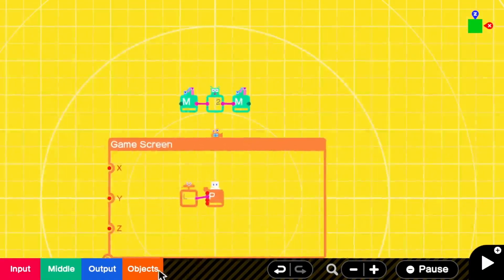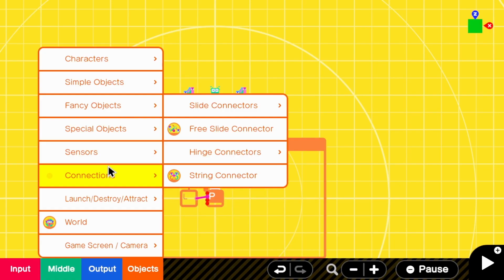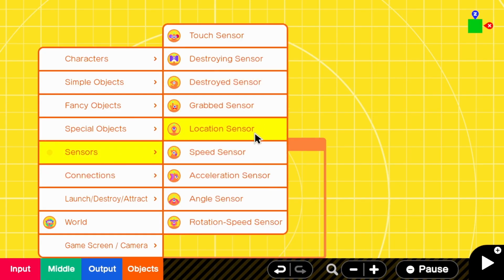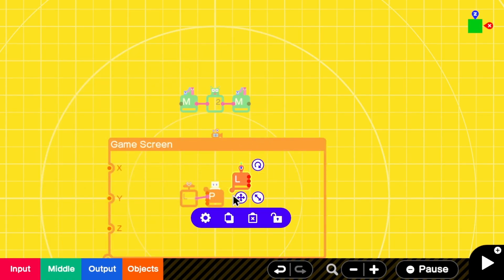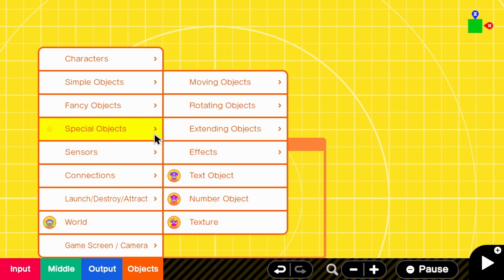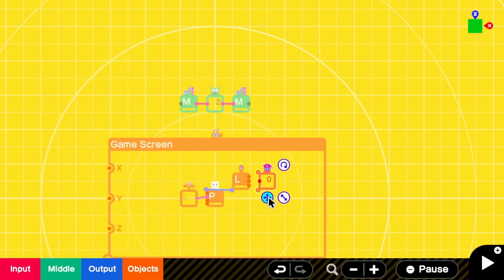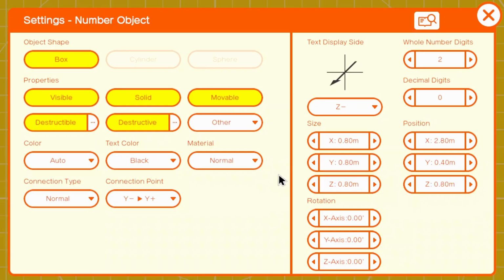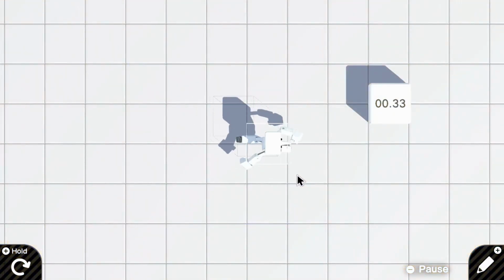And now let's take the location sensor here. And let's try to look at the output of the location sensor over here. Let's set this to y plus and show the decimal digits. And here we go.